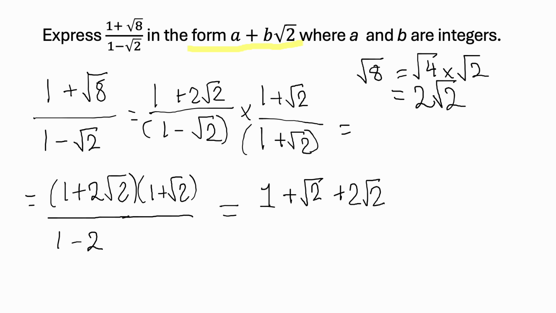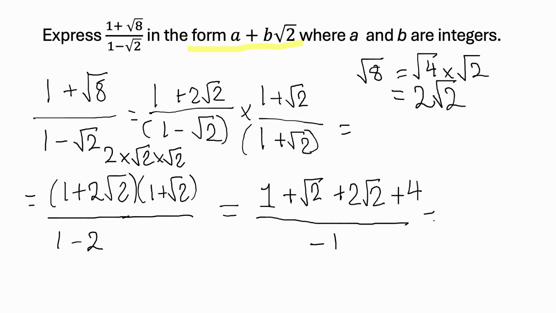And last, 2 root 2 times root 2. Root 2 times root 2 is 2, so we do 2 times 2, which is 4. And then 1 minus 2 is minus 1.